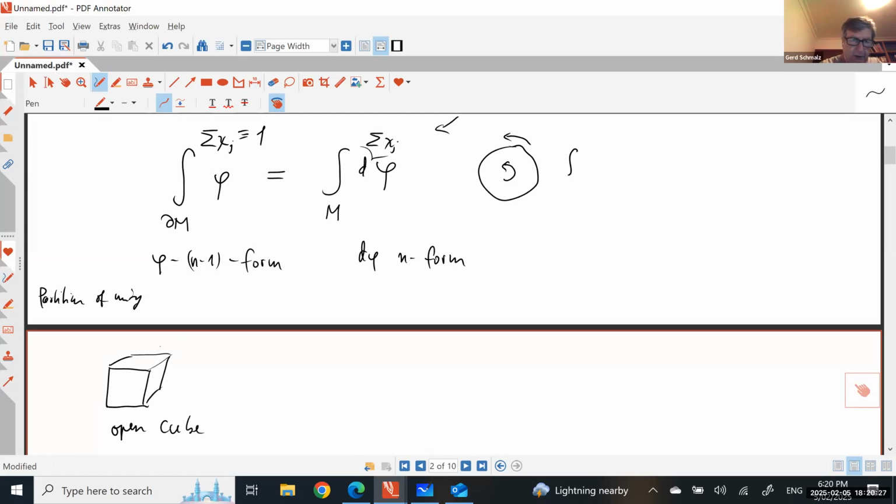And for a form, we have this form phi with the phi inside. But if we multiply this with the partition of unity function, then this is identically zero near the boundary. And of course also d of it is zero near the boundary.